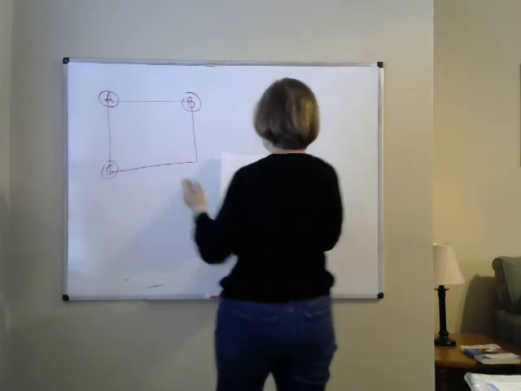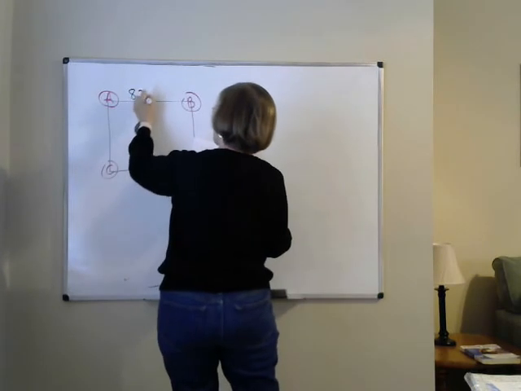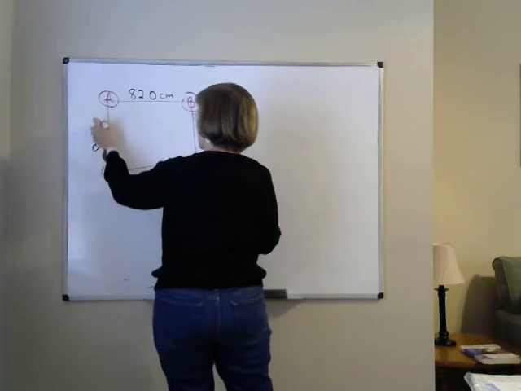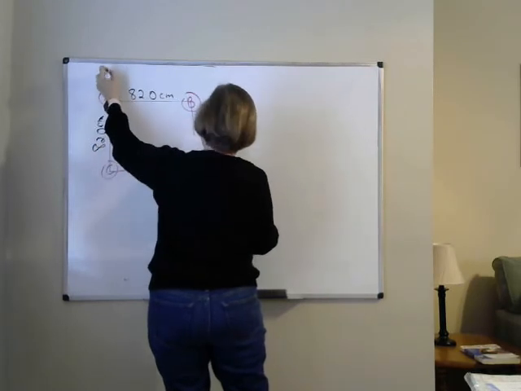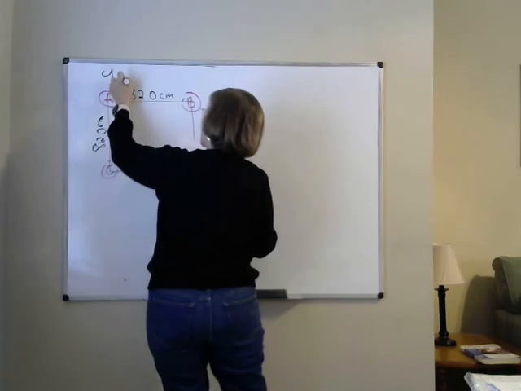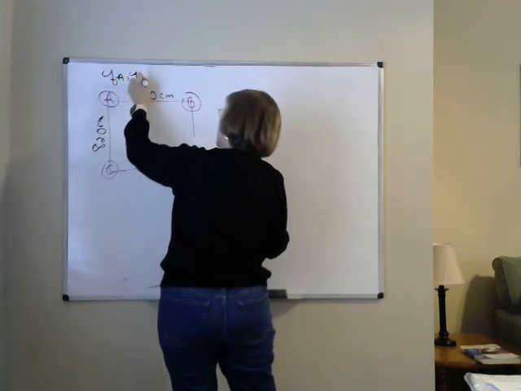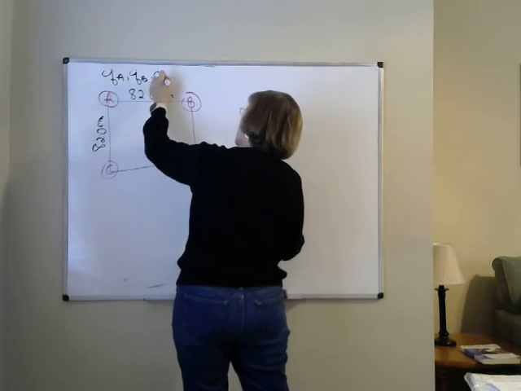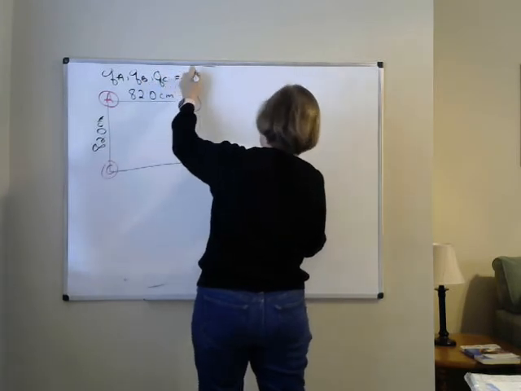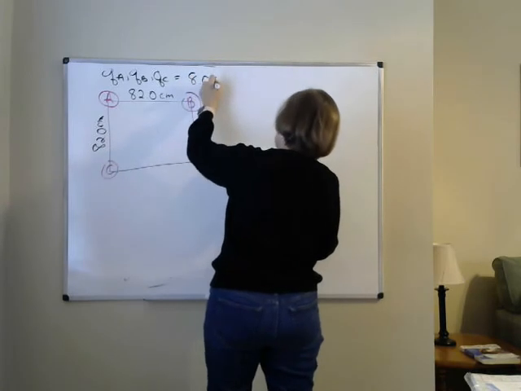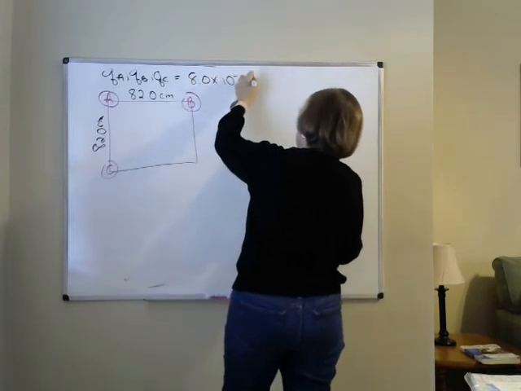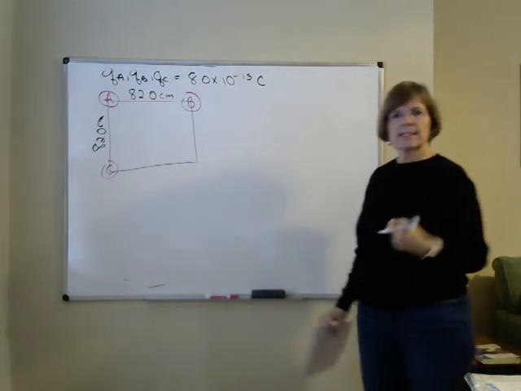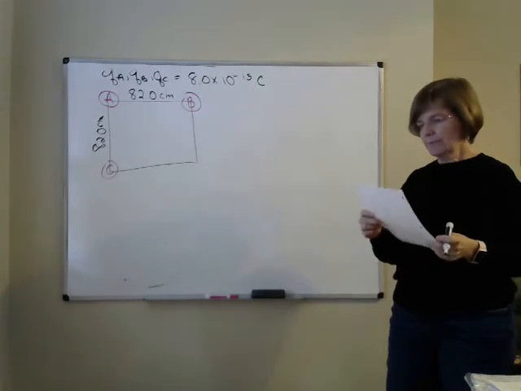The square is 82 centimeters on each side. The charges on A, B, and C are all equal: 8.0 times 10 to the negative 15 coulombs. So I have three small positive charges sitting on the corners of the square.